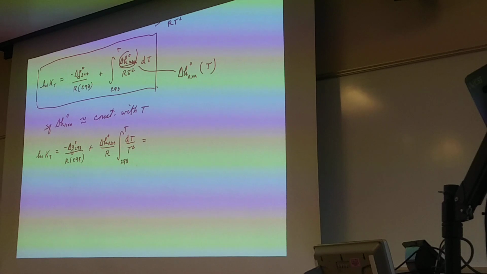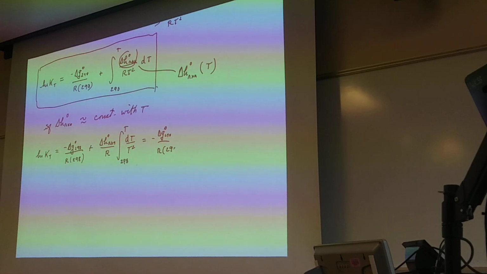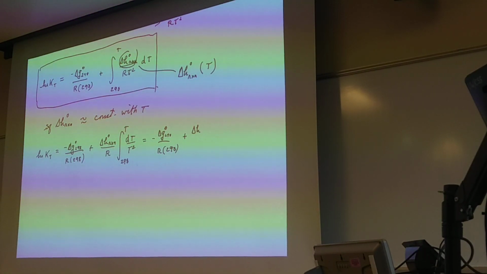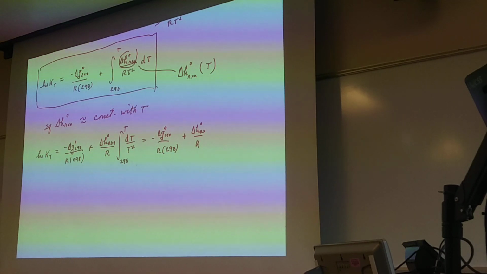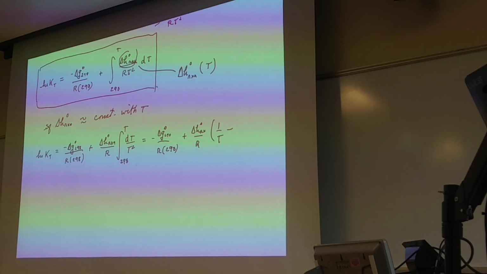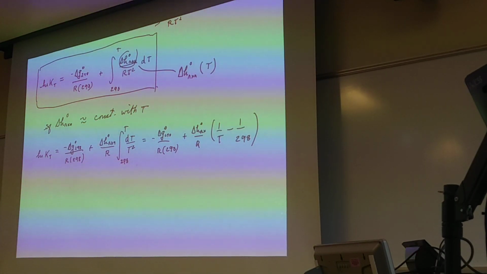So that's equal to, it's tiresome to have to keep writing that over and over again, but so that's just the evaluation of this integral.